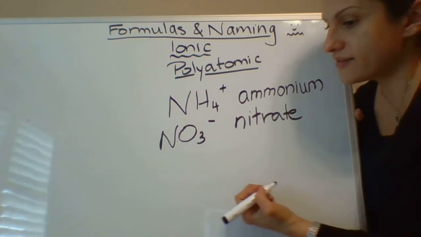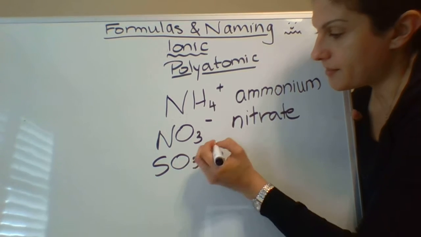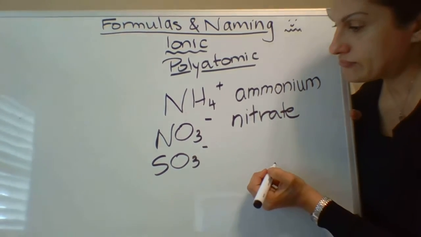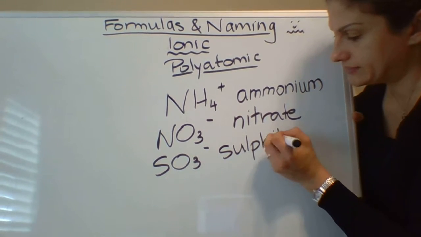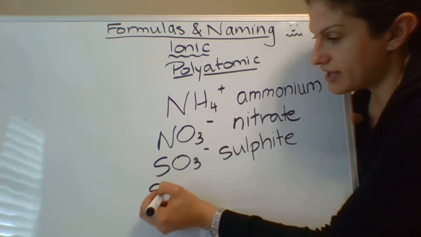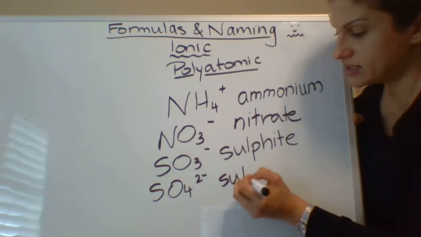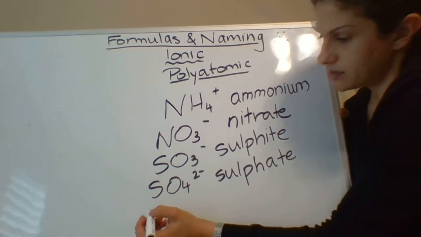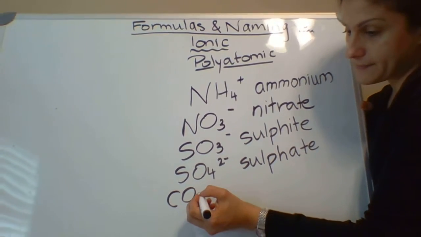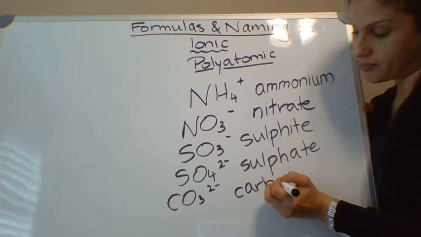We also have SO3 minus, and that is sulfite. And then we have SO4 2 minus, which is sulfate. CO3 2 minus, carbonate.